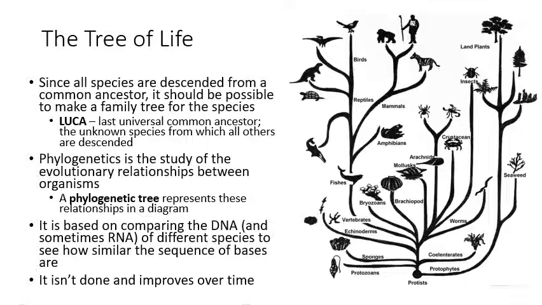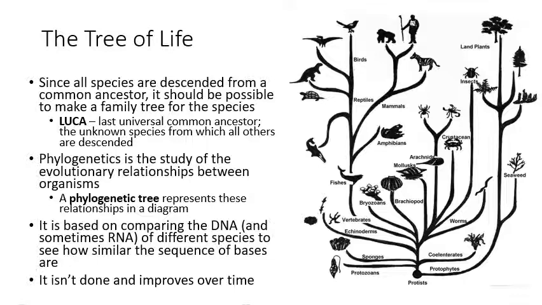Usually we would look at their DNA though, and just comparing how close those sequences are. So if we're looking at the pattern of A's, T's, C's, and G's, how close is that pattern in different species? If it's really close, then we figure that those species are closely related to each other. If it's not very close, then we figure that they're not very closely related to each other. And that's basically how we're trying to figure out the relationships and build a correct tree of life.